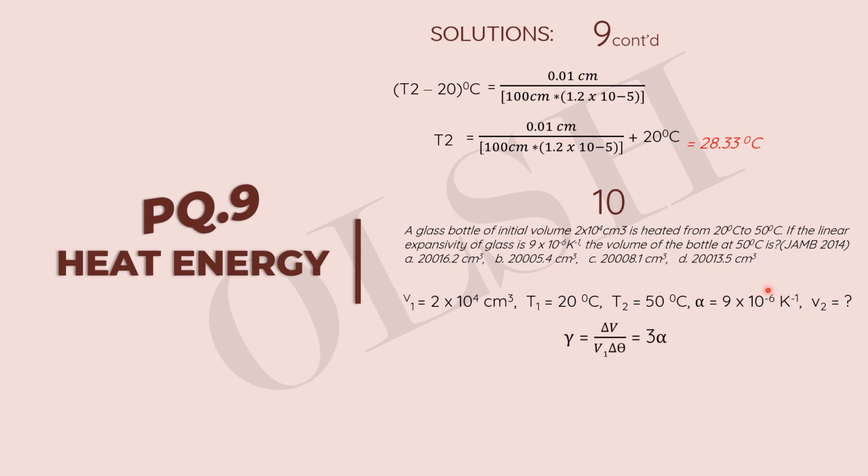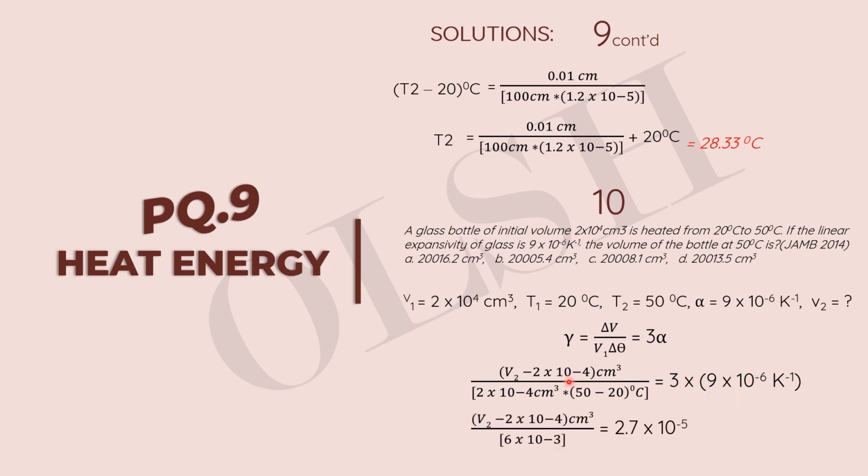Okay, so we can easily equate the cubic expansivity to the linear expansivity like we did before. Since we're looking for V2, obviously we're looking for the cubic expansivity from V1. So if we put our values into this equation, we'll have this. We're going to find a way to make V2 the subject of the formula, so we can take this over to this side for them to multiply out themselves.